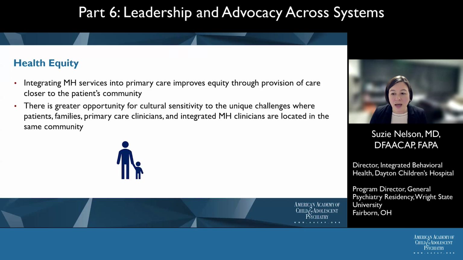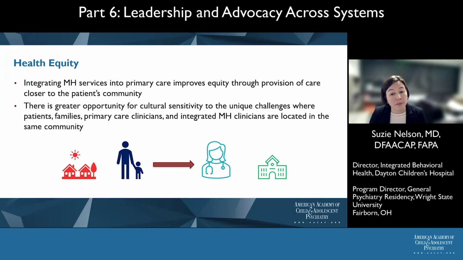More families access primary care clinicians closer to their home or the child's school compared to their abilities to access specialty mental health services, particularly in areas where geographic separation exists from these subspecialty settings. So by being able to achieve care closer to the home setting, this improves care for families who face transportation barriers to travel to specialists.